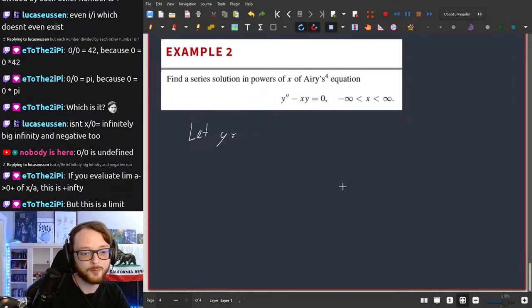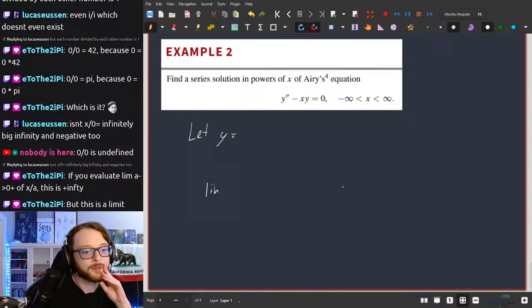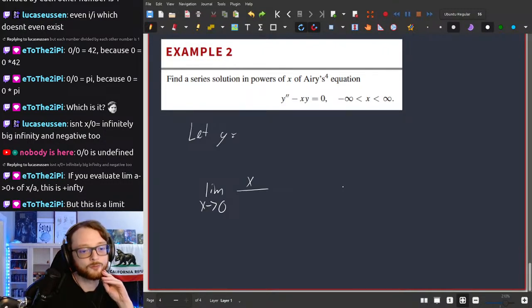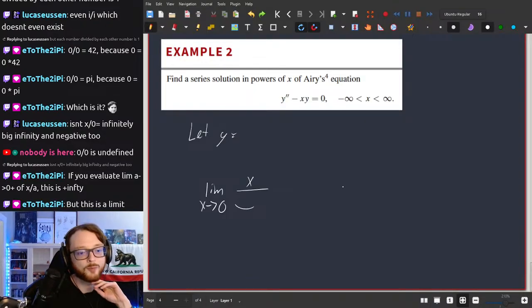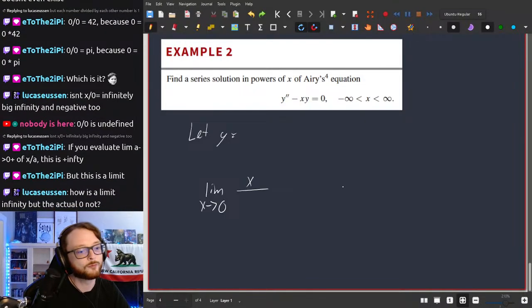But the thing you're probably really talking about is a limit. If you want to talk about the limit as x goes to 0 of x over something, we could say a bunch of different things. Depending on what we put on the bottom here, we can get a bunch of different results.